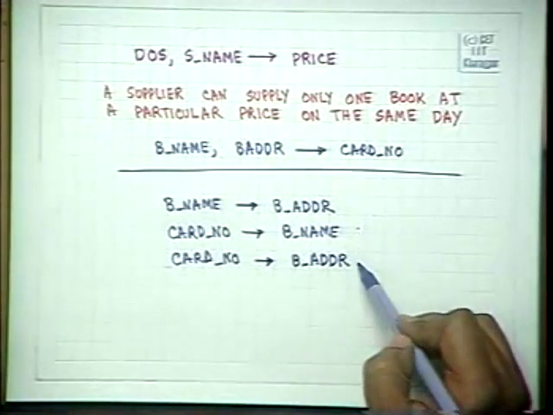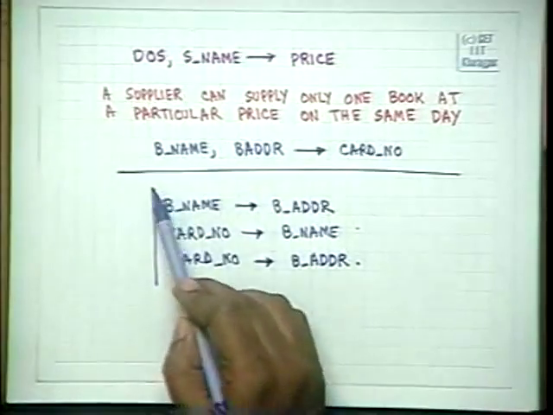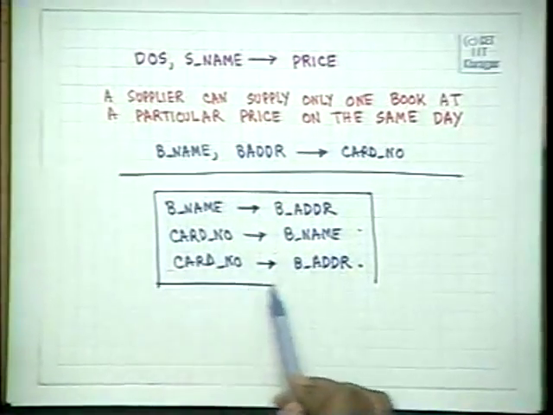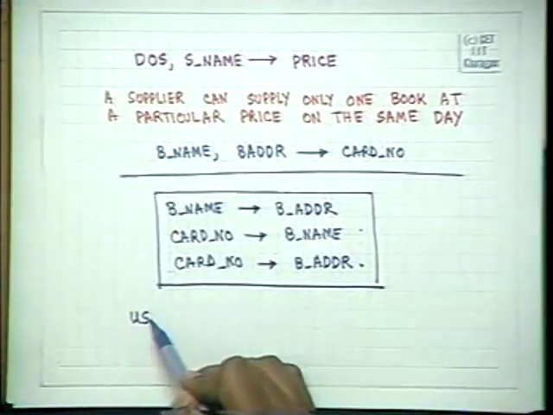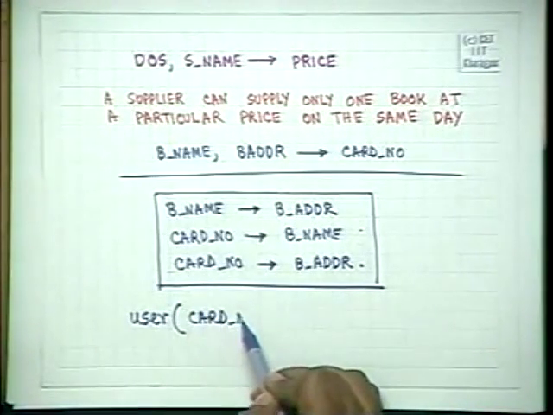This is from the primary key, but what do these three things mean in the user relation, which is user, card number?